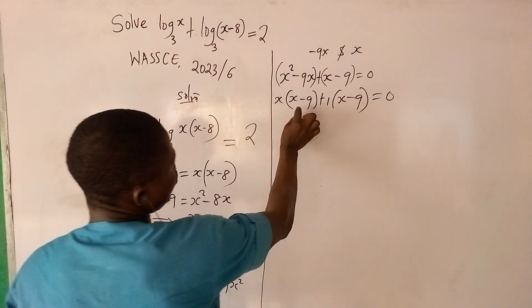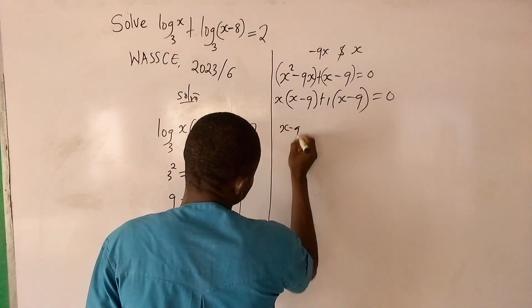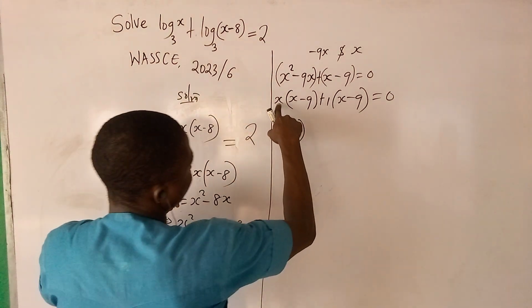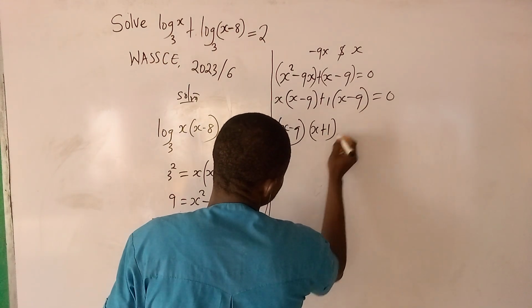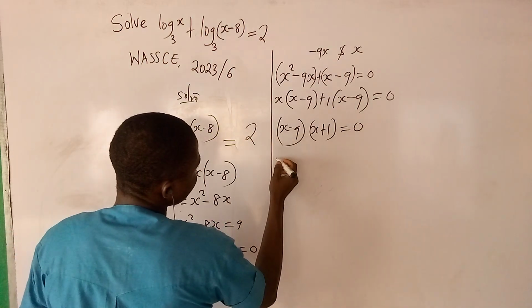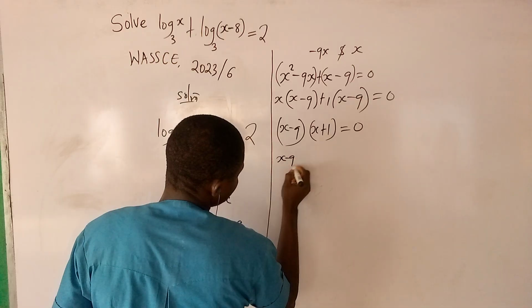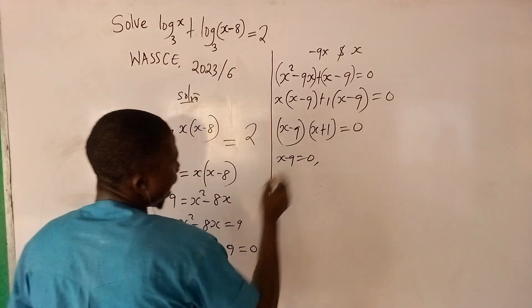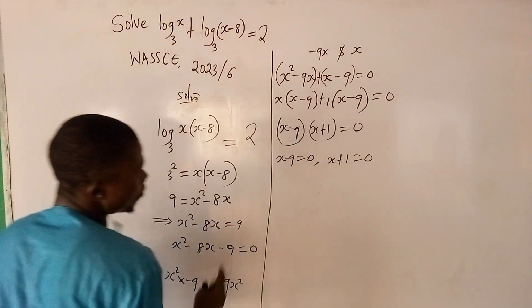At this point, I'm going to factor out the bracket: (x minus 9)(x plus 1) equal to 0. Equate the first bracket to 0: x minus 9 equal to 0, and the second bracket, x plus 1 equal to 0.